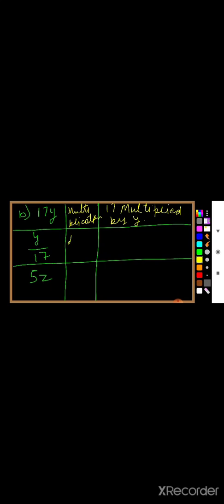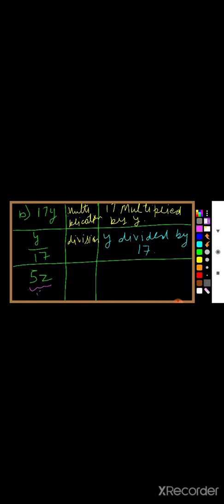Now next is y upon 17. Upon means division is used here, right? And how is the expression formed? Y upon 17 means y divided by 17, right? Now next it is again 5z. 5z means 5 multiplied by z.